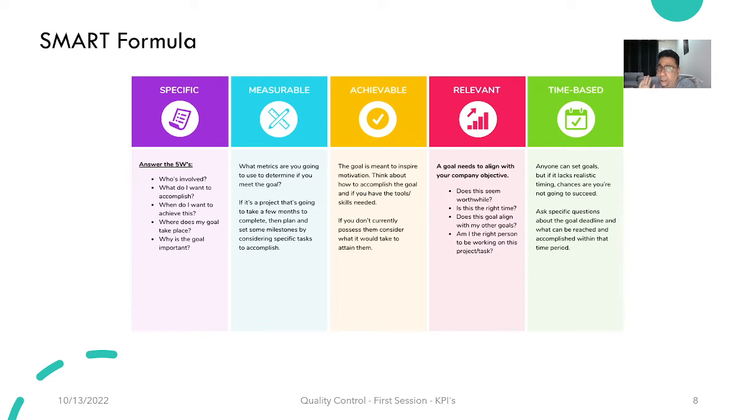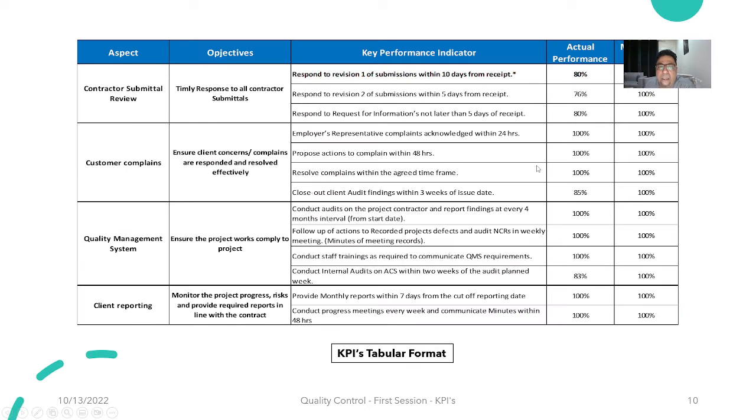Then relevant: a goal needs to align with company objectives. This is the most important one, the relevance of the goals to the company quality objectives. Time-based: anything has to have a time, a start and an end. That's why the SMART formula is so important to analyze each and every problem within your organization.